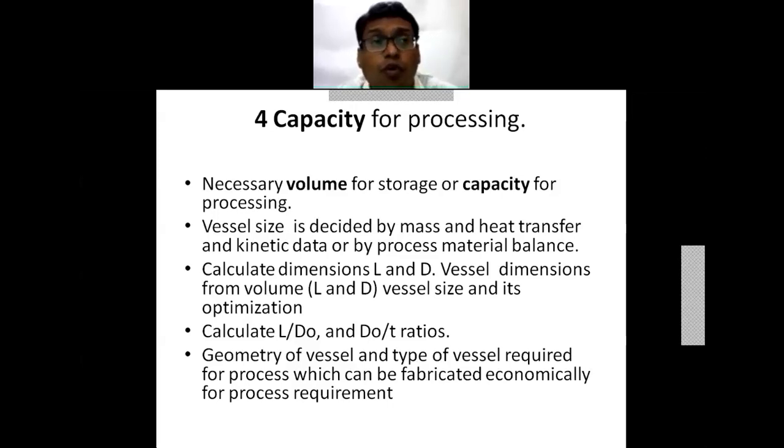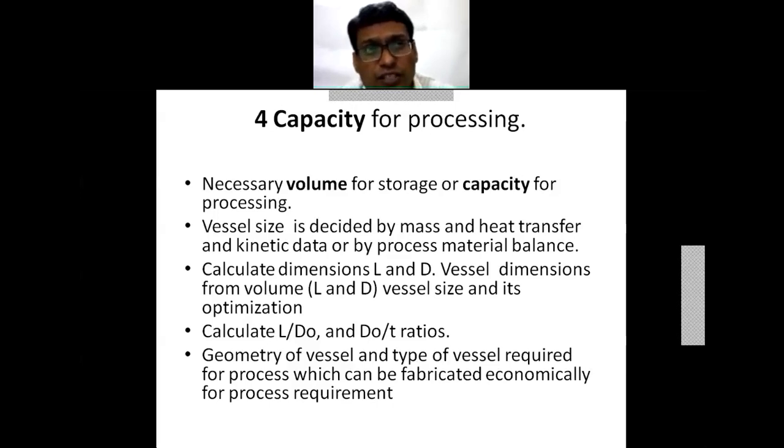So the necessary volume is to be calculated. So this much volume I am going to use for the fabrication, and this much amount of fluid will be processed, and based on this volume I'm going to have the cost. I'm going to have the operating capacity based on this volume of the vessels. Vessel volume is very much essential.